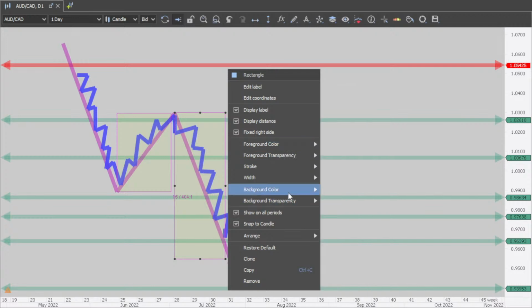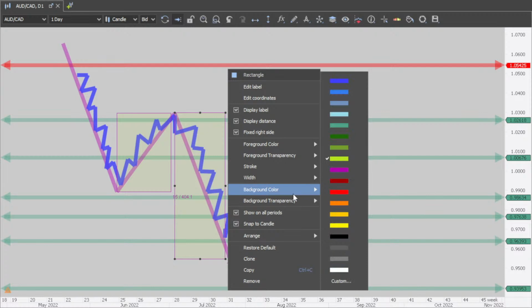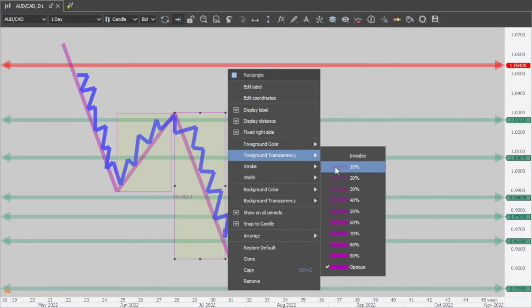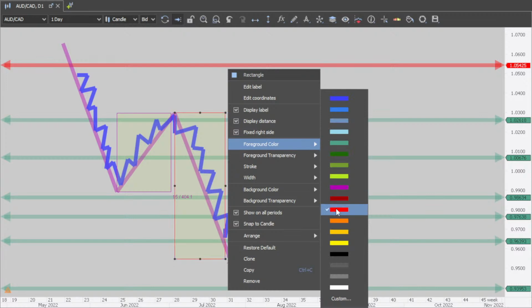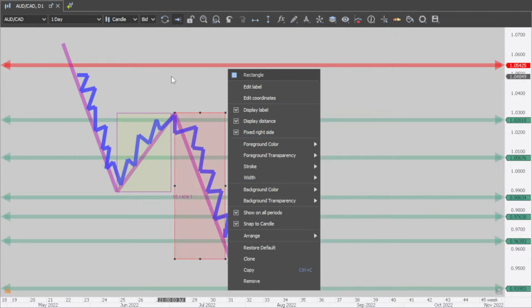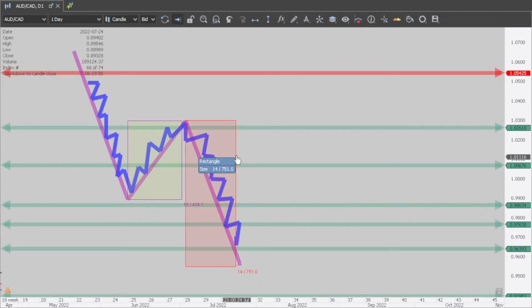Okay, and this is why background color, transparency, background, right? There you go. So extensions are bigger or longer, retracements are smaller or shorter.